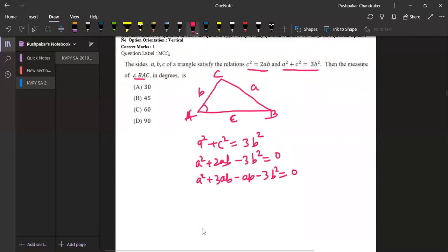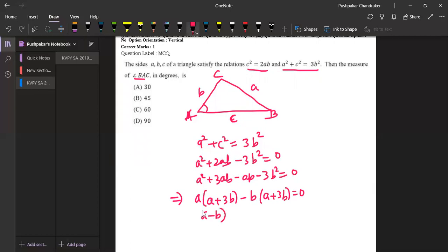Take common and factorize, you get something like this: a plus 3b, minus b common, a plus 3b equals 0. So we are getting a minus b times a plus 3b is 0, which gives you a equals b or a equals minus 3b.